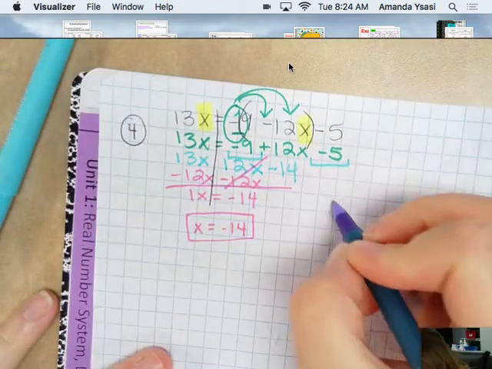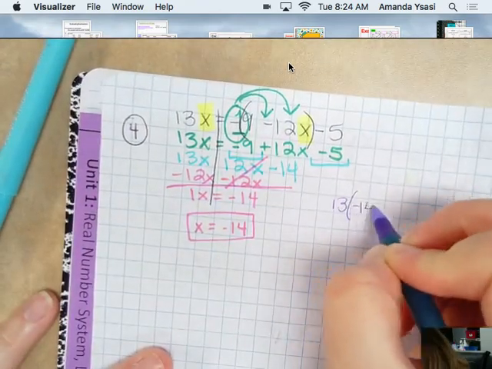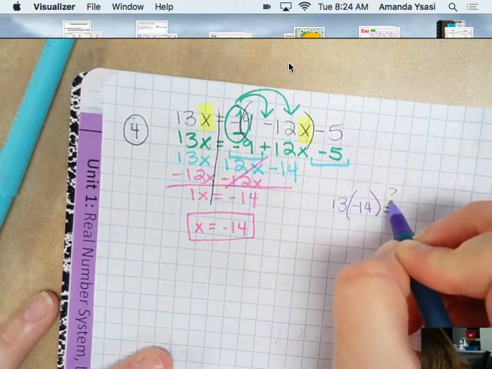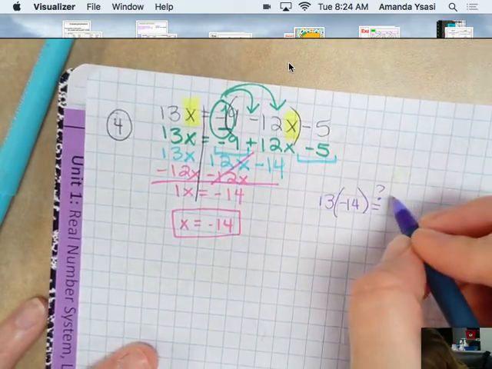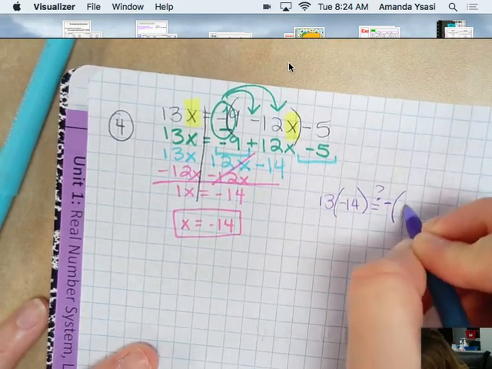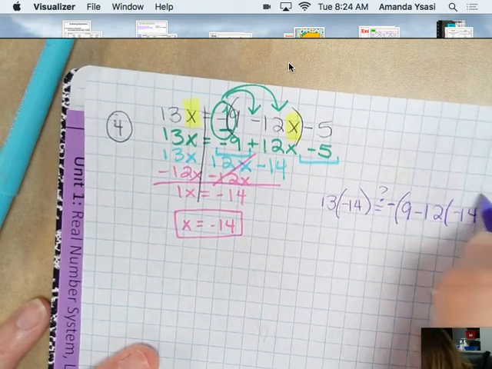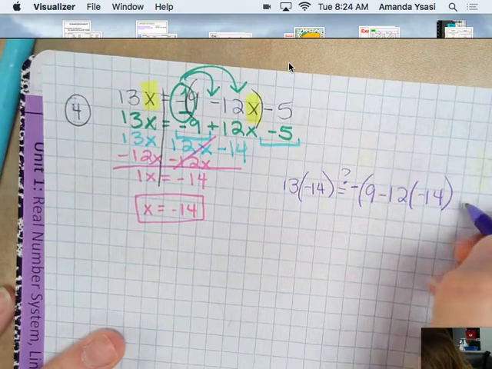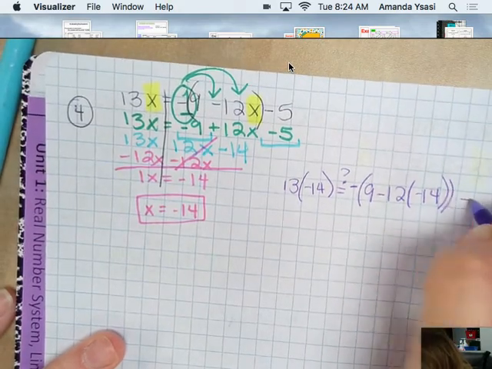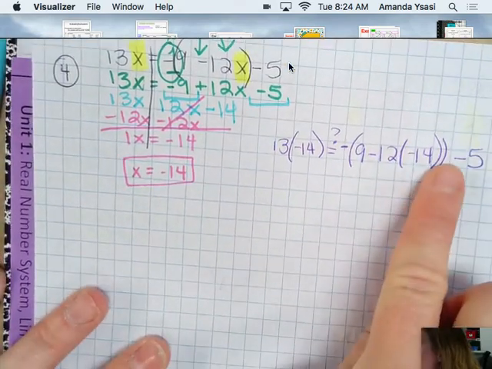so this would be 13 times a -14 equals, with a question mark on top, negative parentheses 9 minus 12 times a -14, close parentheses minus 5. So there's actually 2 parentheses right there.